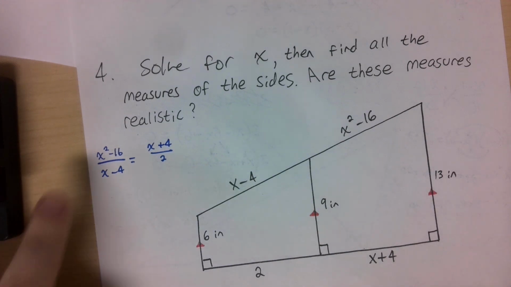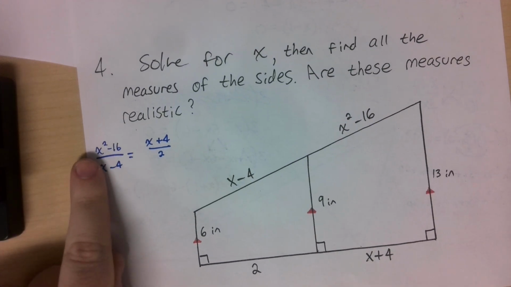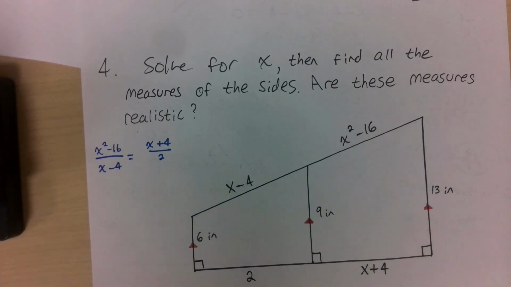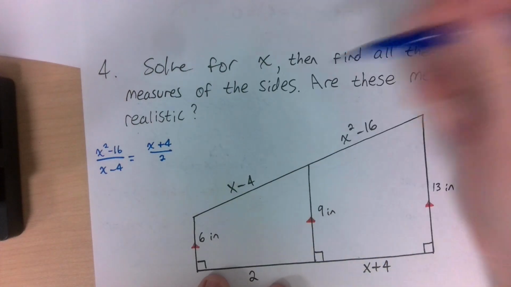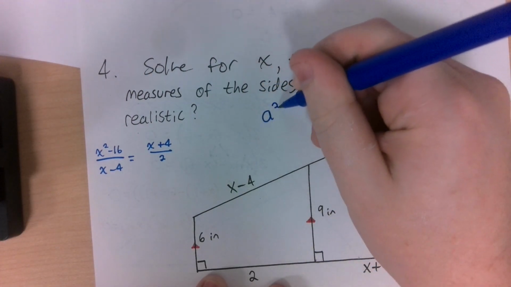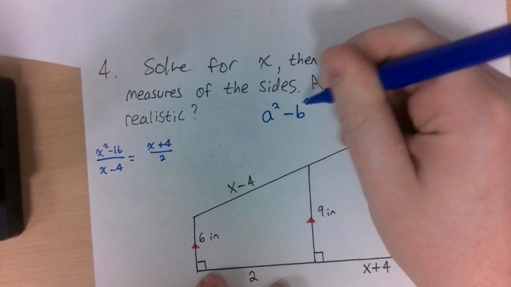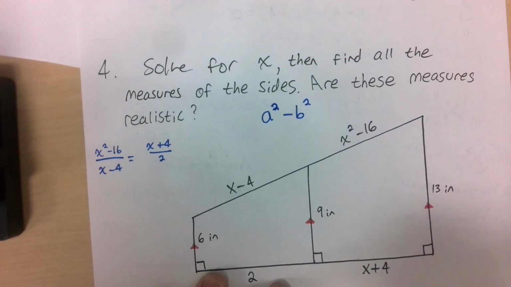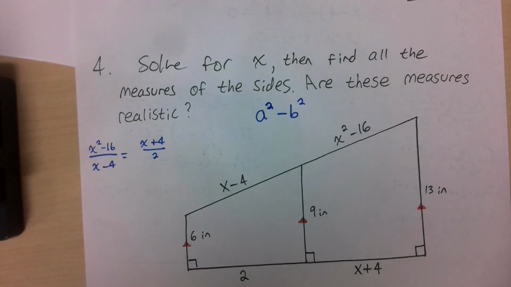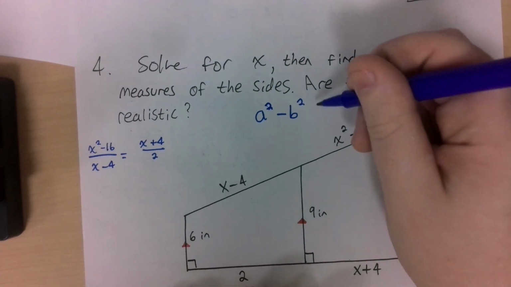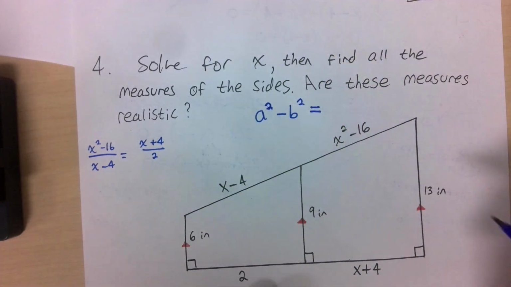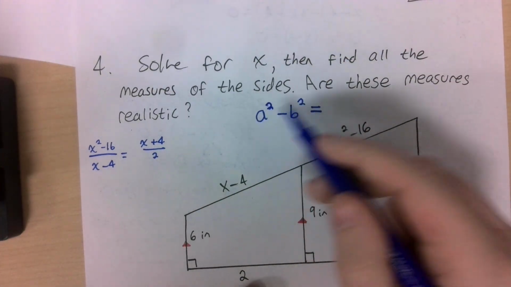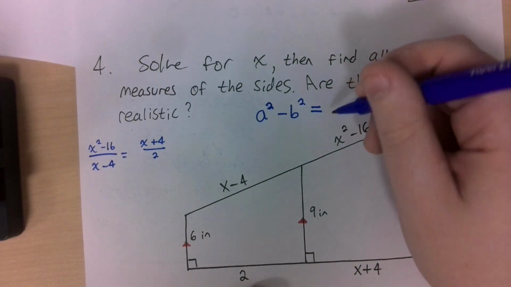But I want to look at x squared minus 16. This is something we learned in Algebra 1. It's a pattern, a special pattern called a difference of squares. Anytime you have a difference of squares, when you factor that difference of squares, watch what happens. Let's say I was trying to factor a squared minus b squared.